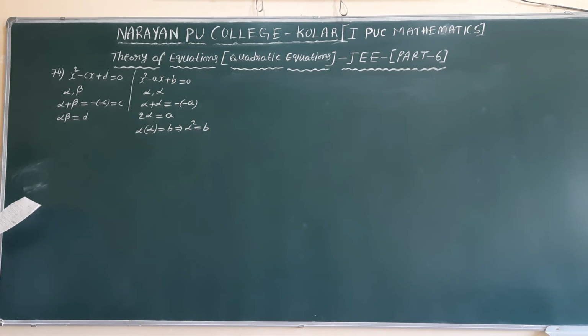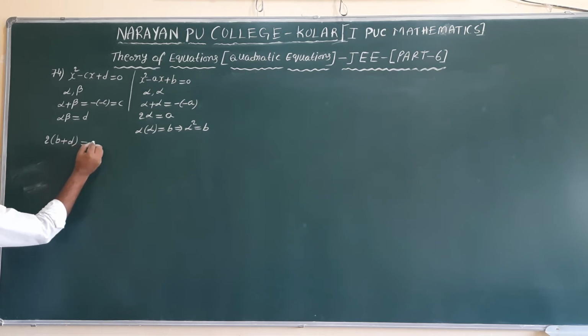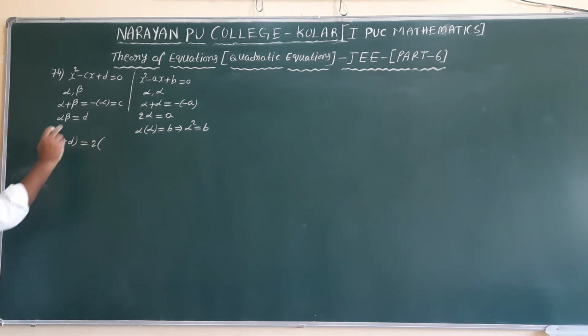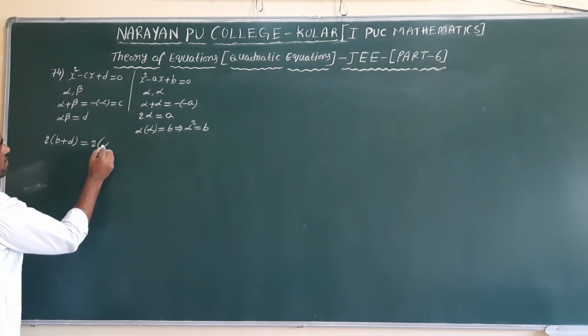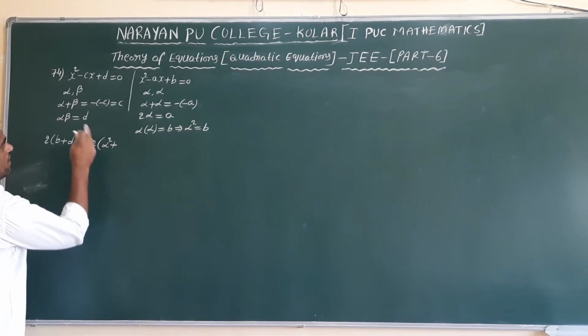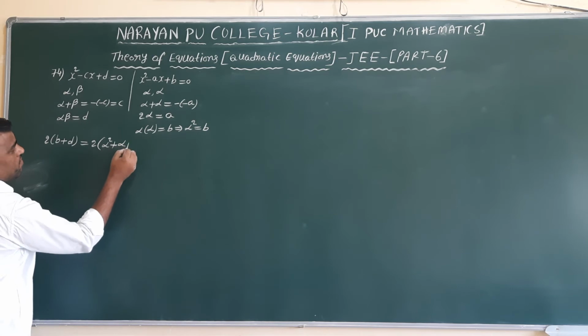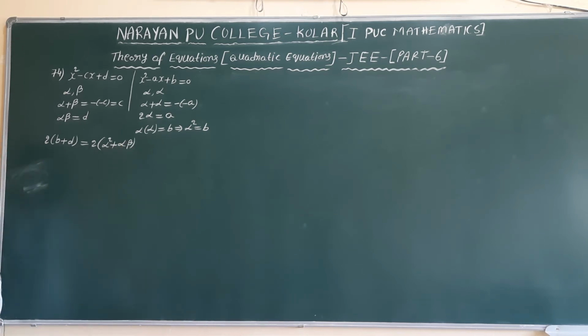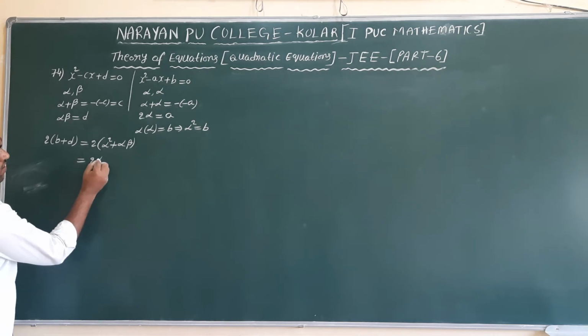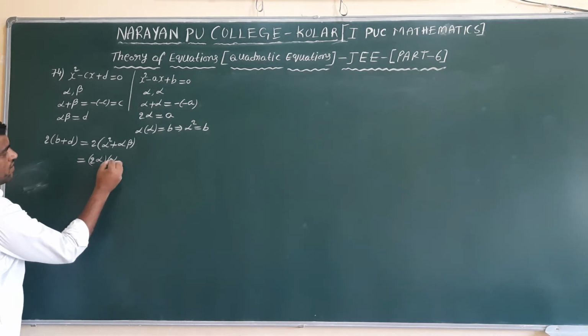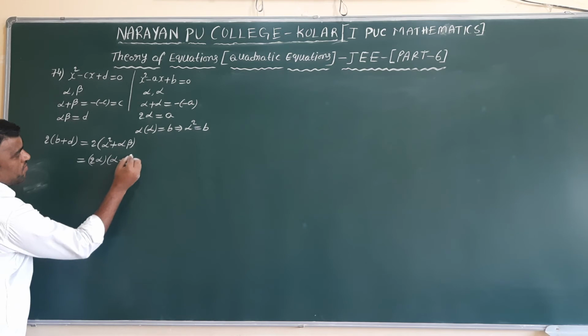But it is asking 2 of b plus d equal to how much? From this information, what is the b value? Alpha square. Plus d value is what? Alpha beta. So which one can we take common? Alpha. 2 alpha into alpha plus beta.